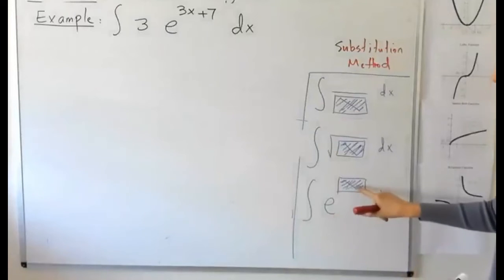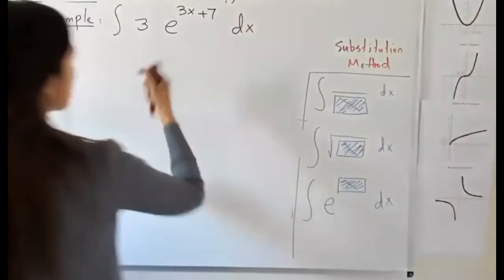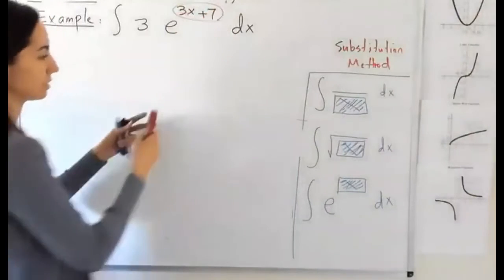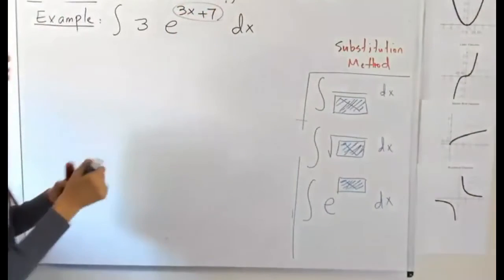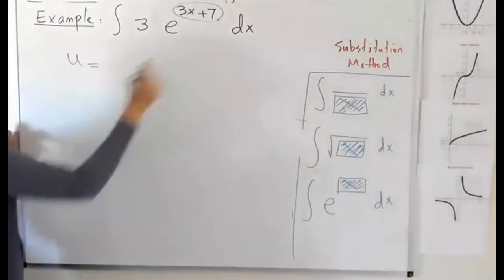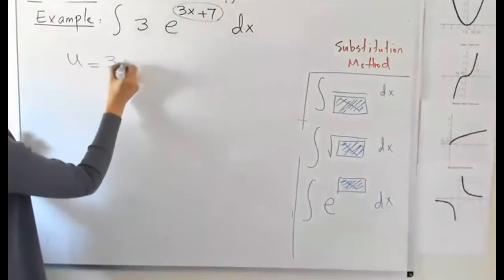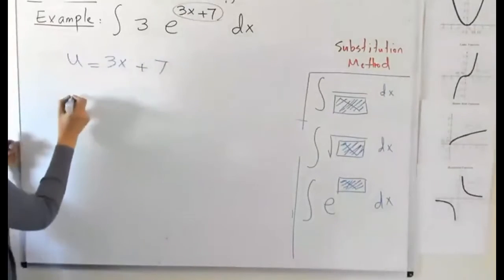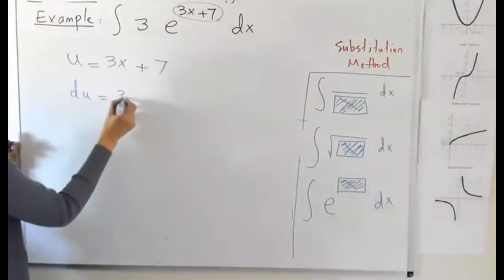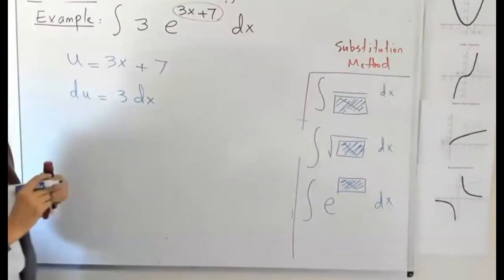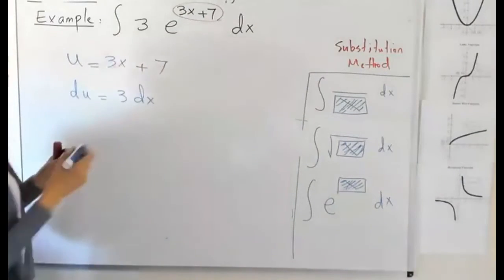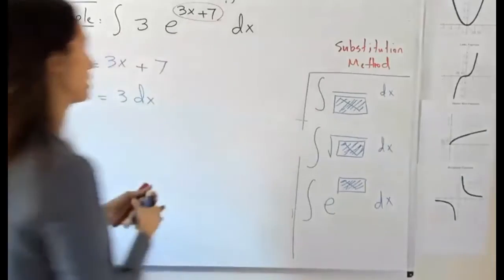We look at the exponential, 3x plus 7. So u is your power, your exponent, which is 3x plus 7. du is 3 dx. I can rewrite my integral in this form.